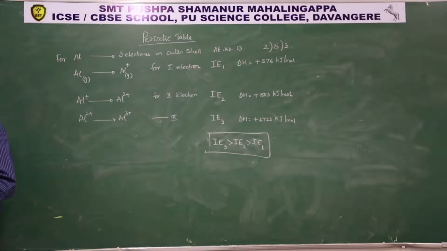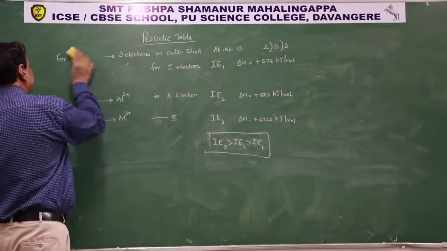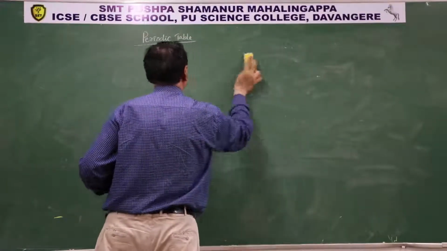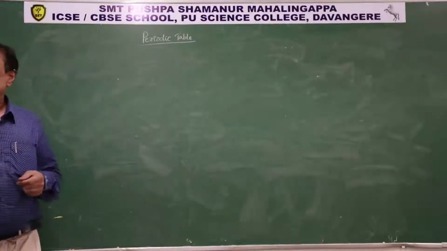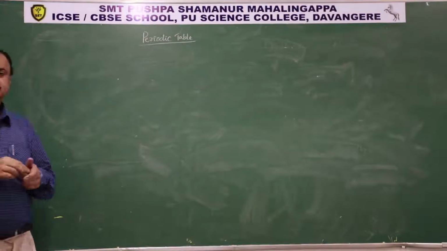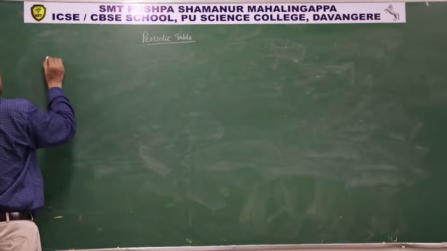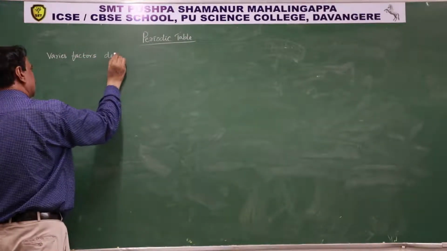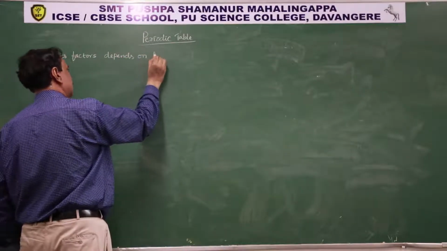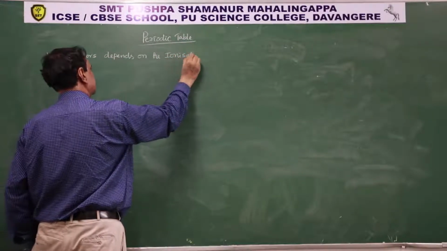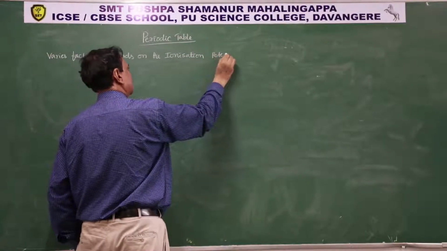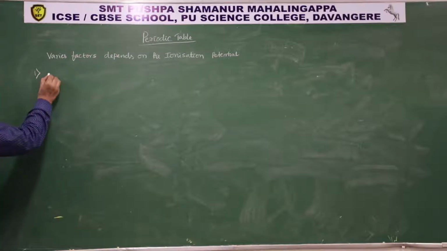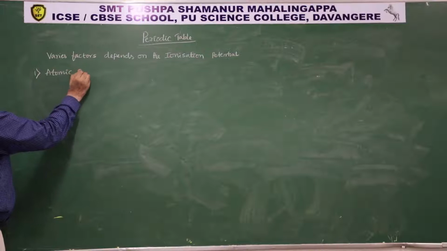Now, what are the various factors that decide the ionization potential value? First factor is atomic size.